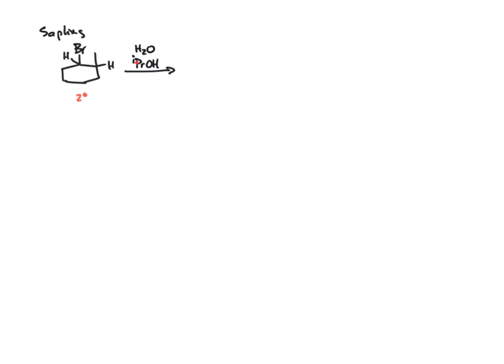And when that happens, based on today's discussion, when that bromine ionizes, what's the classification of the carbocation that forms? Yeah, it's still secondary. So that bromine's going to leave. That's the first step of this mechanism.